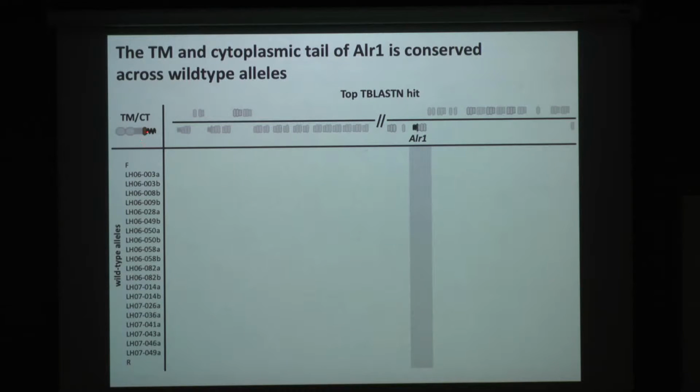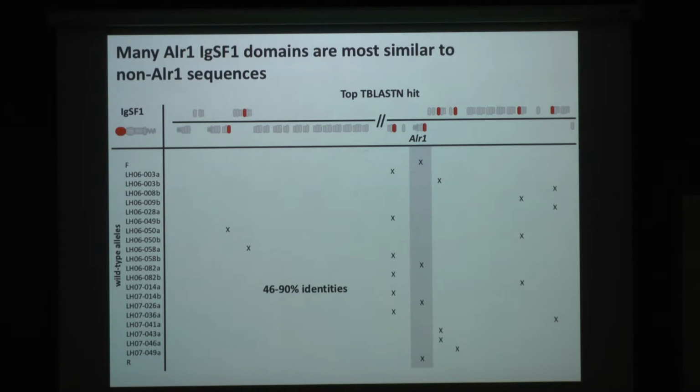And we call them ALR1 genes because they all have this conserved cytoplasmic tail in the transmembrane domain. So if you take the sequence of each of these and you do a similarity search against this reference genome that we have now, what you find is that the top hit is always the bona fide ALR1 gene. Okay? It's not the case if you look at this first domain.